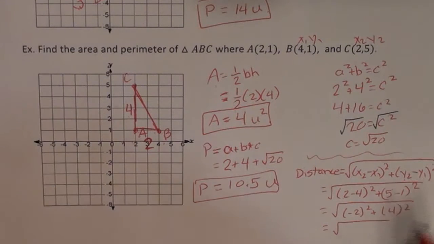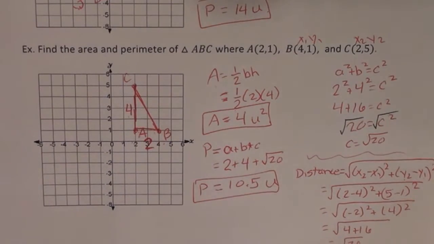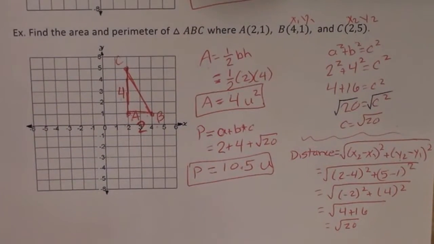Negative 2 times negative 2, this is 4 plus 16. And you actually end up with the square root of 20, just like you do if you use Pythagorean theorem. But the distance formula is actually one we have studied in Geometry 1. To find more information about the distance formula, please refer to Chapter 1 test skill number 2.